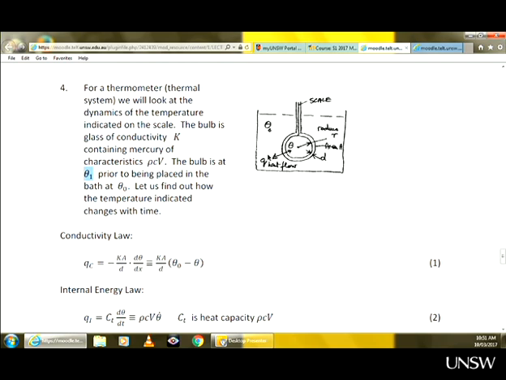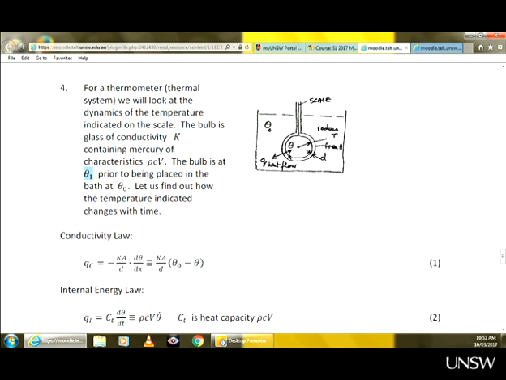But there is only one: the heat from the hot water towards the mercury inside the bulb. Heat out, there is no heat out. We'll simply ignore the very small amount of mercury getting out of the hot water, taking out some heat, because it's so minimal. So the rate of heat in will be equal to the rate of change of heat inside our volume.